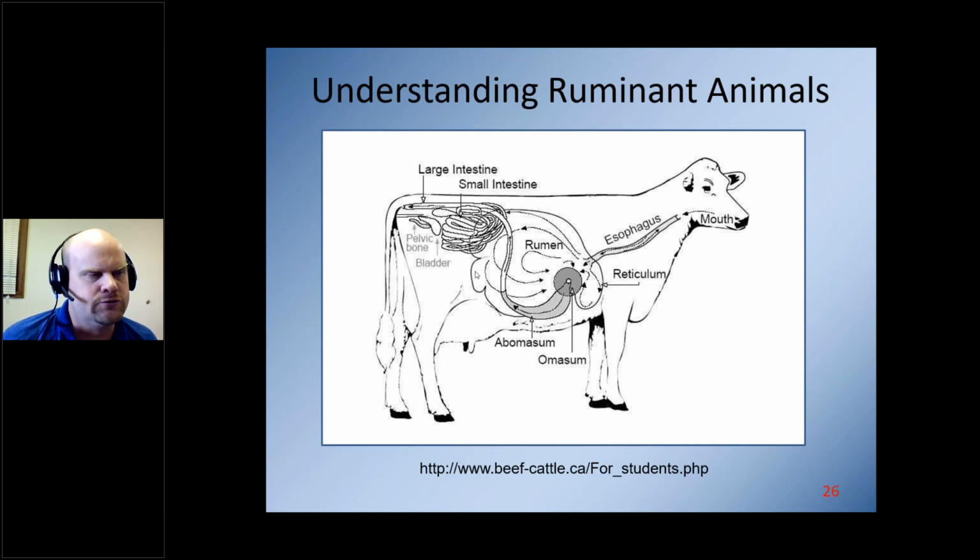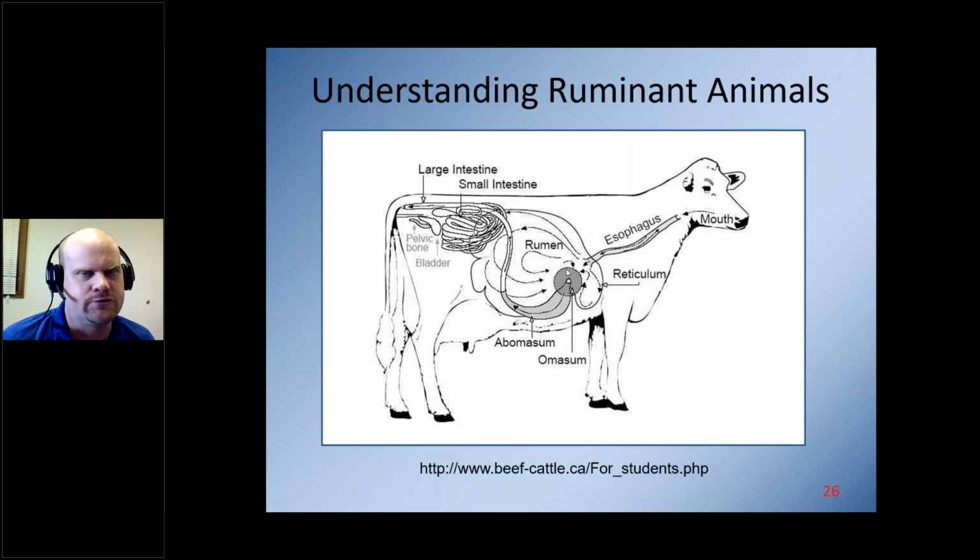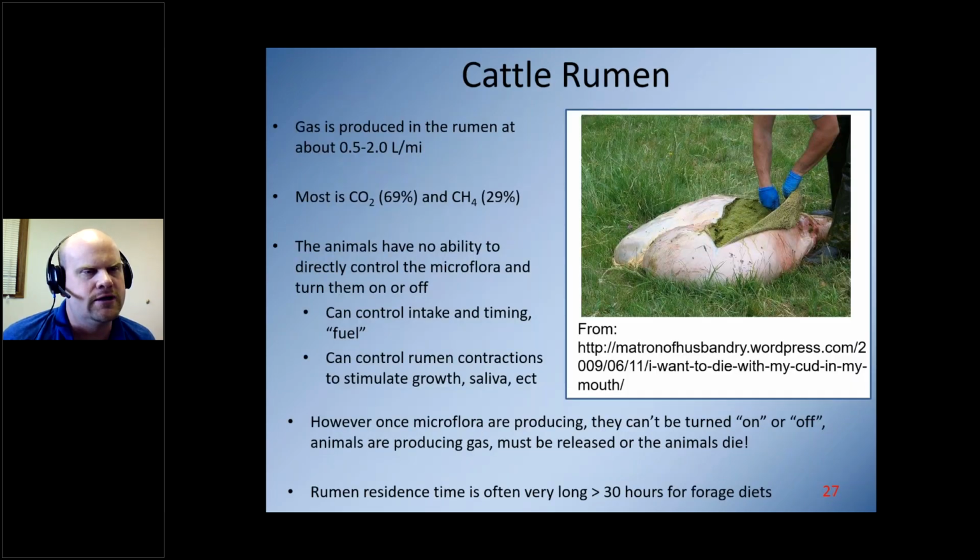When the feed goes into the rumen, it needs to be there for a certain amount of time for the microorganisms to break it down into something the animal can actually get energy from. Again, this is obvious, and I'm sure everyone on this call knows that, but we need to discuss it a little bit. This is a picture of a rumen and its actual size, packed with feed.